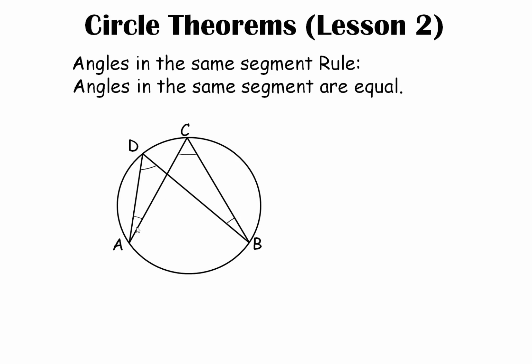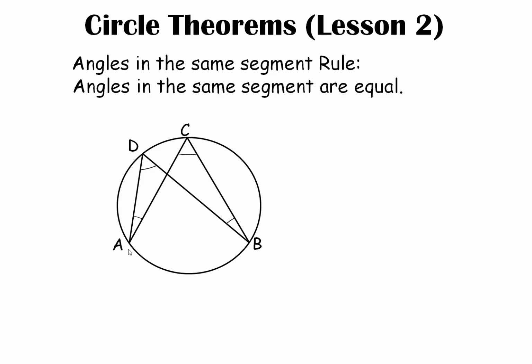Looking at this too, if we now consider points D and C and draw a chord from point D to point C, then the arc DC will form the minor segment, and the arc DABC will form the major segment.